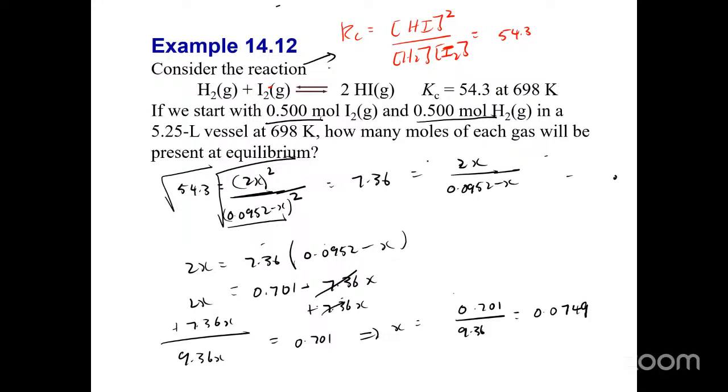Now, remember, what the question is asking for is how many moles of each gas will be present, right? I need some more space again, let me erase up here.